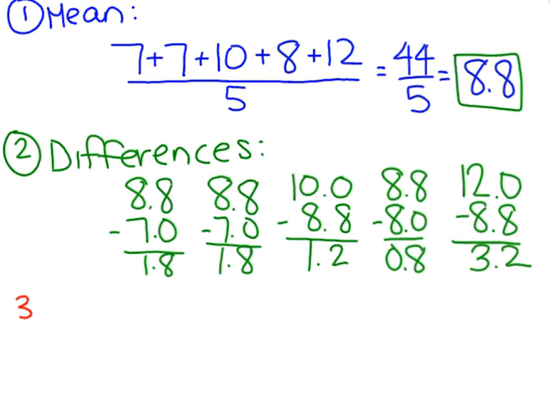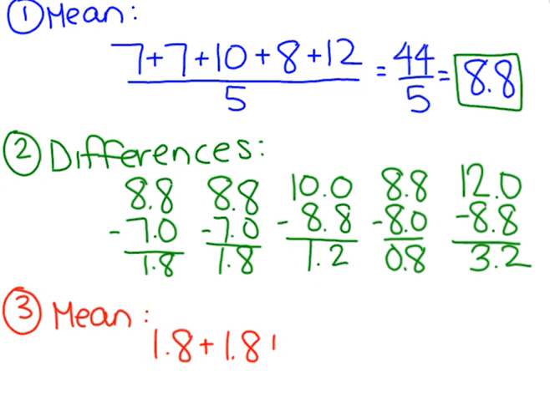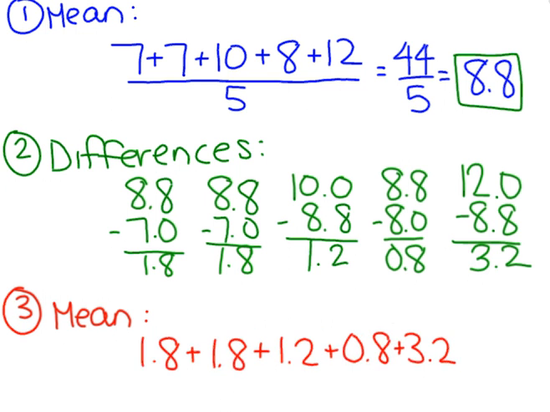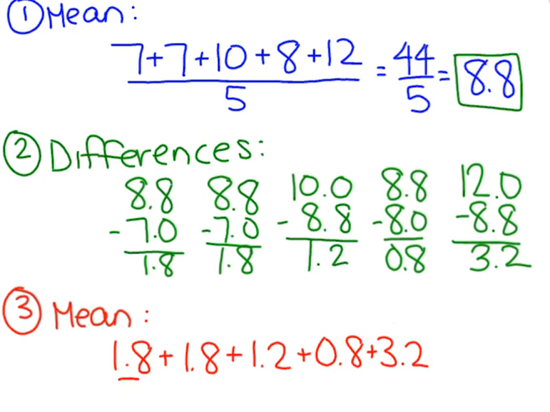So all right, step 3 is another mean, and you don't necessarily need to label each one mean, difference, mean, but again, I just want you to be able to see exactly where all these numbers are coming from. So part 3, we're going to find the sum of the 5 numbers in step 2. We'll add all of those up, and then whatever we get, we're going to divide by 5.